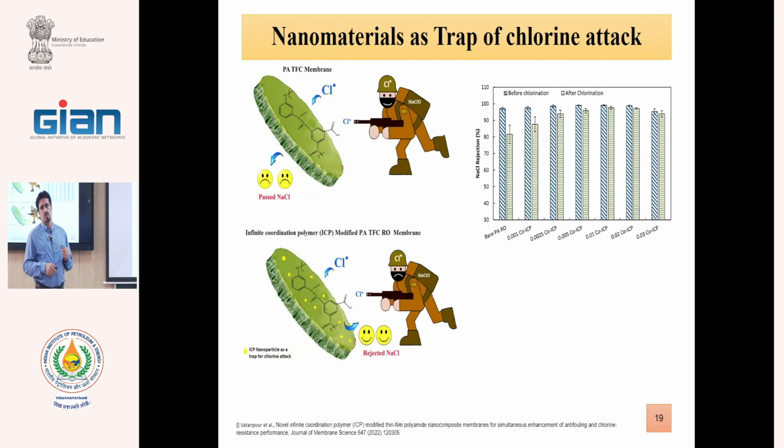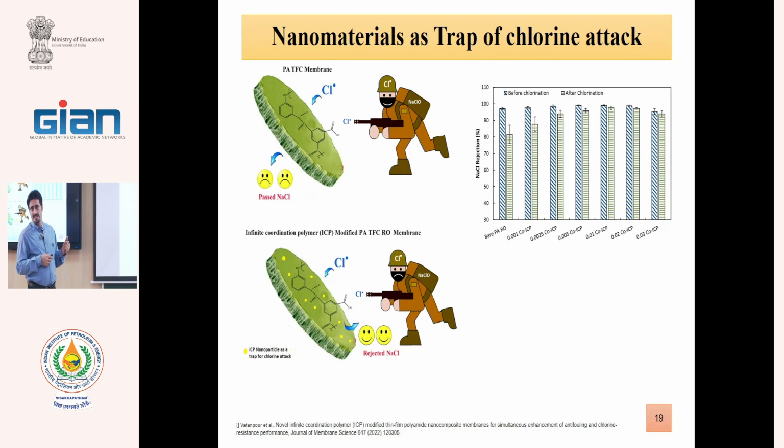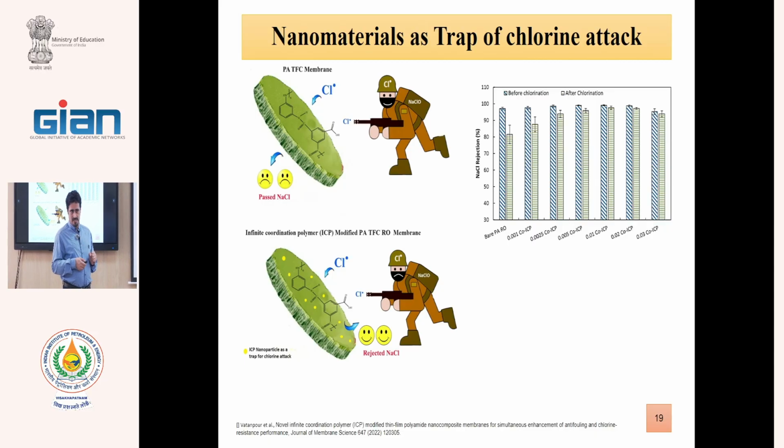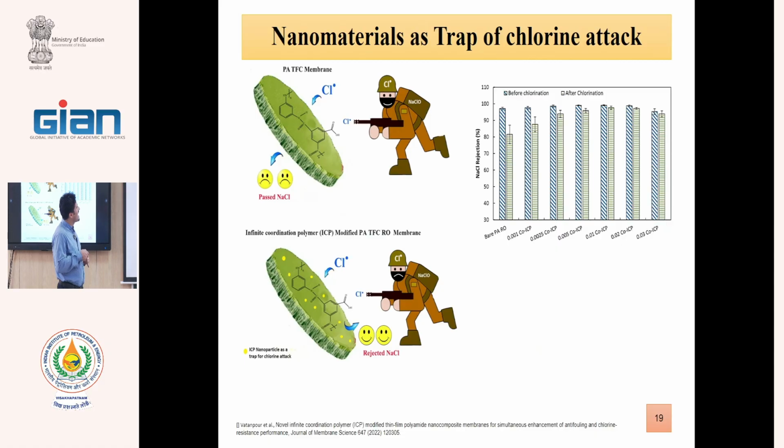Also, nanomaterials can be used to increase chlorine resistance. In TFC membranes, in polyamide TFC, I said that the chlorine can destroy the polyamide layer. With addition of some nanomaterials as a trap, the chlorine can react with nanomaterials and not react with polyamide. Therefore, chlorine resistance increases.